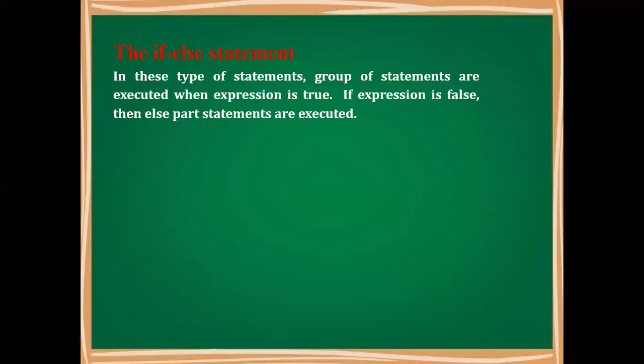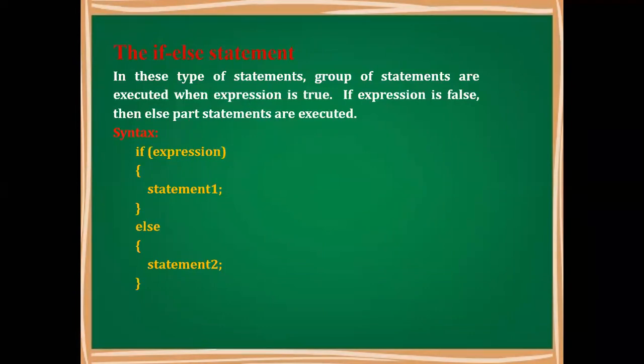The if else statement. In this type, a group of statements is executed when the expression is true, and if the expression is false, we want to execute some subsequent code block or statement that we can put into the else part. The syntax is simple.